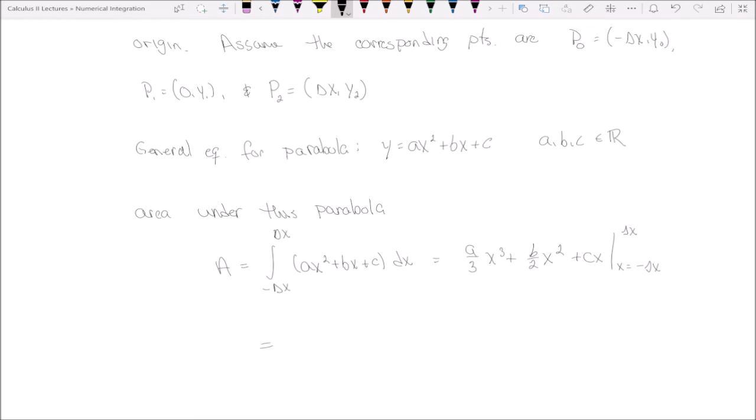With some algebra, we get this is 2 times a delta x cubed over 3 plus c times delta x, which will simplify out to delta x over 3 times 2a delta x squared plus 6 times c.